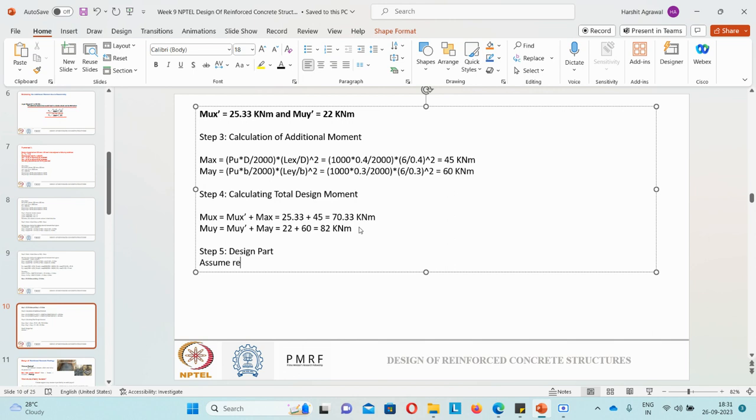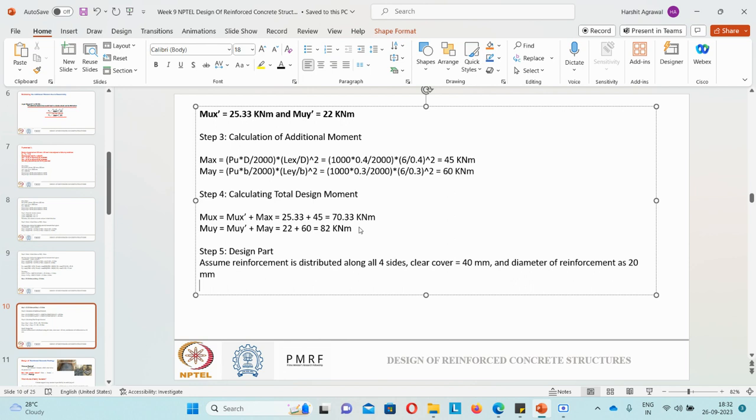So assume reinforcement is distributed along all four sides. I'm assuming a clear cover of 40 mm, the minimum we need, and I am taking the diameter of reinforcement as 20 mm.